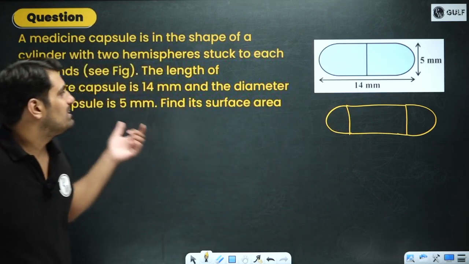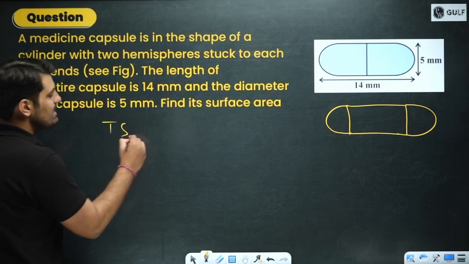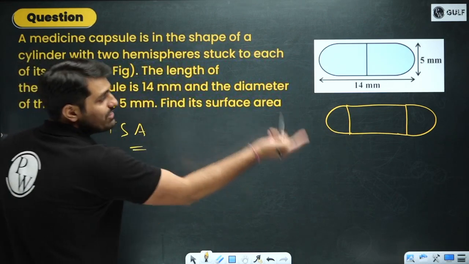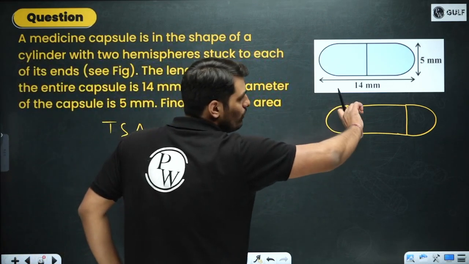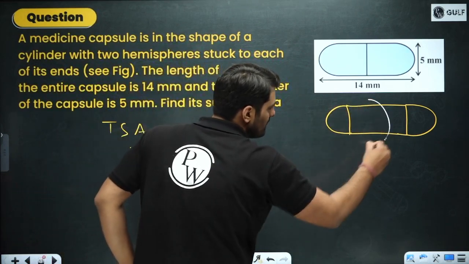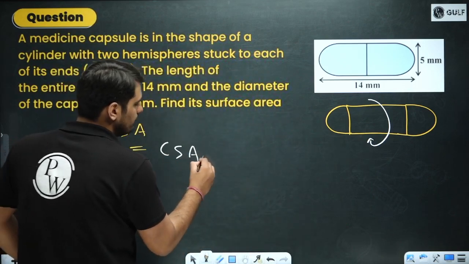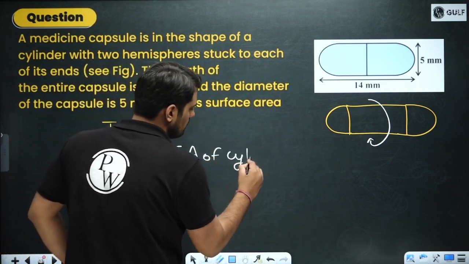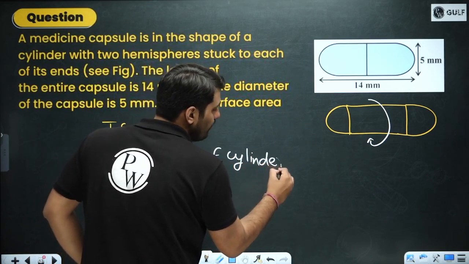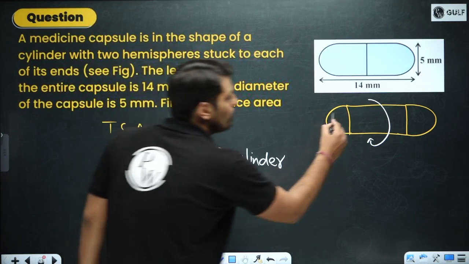Now if you talk about finding the surface area, things will be very simple. The total surface area in this case will be what? The curved surface area of the cylinder, because we are taking only the curved portion. That means this portion I am talking about. Right? So we'll be taking the curved surface area of the cylinder, and only this. Why not the top and the bottom part? Because that has been included over here.